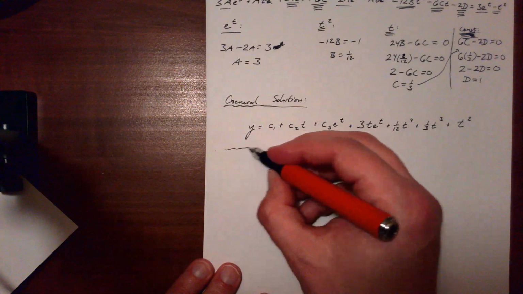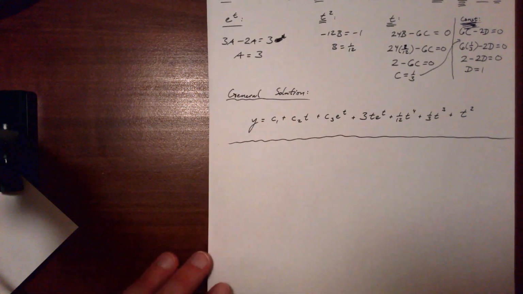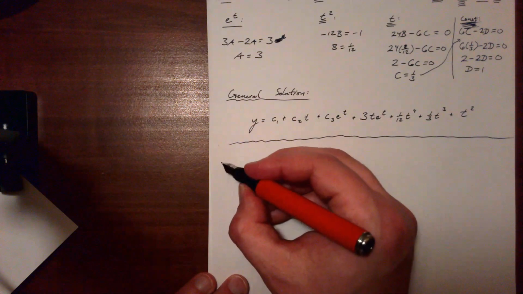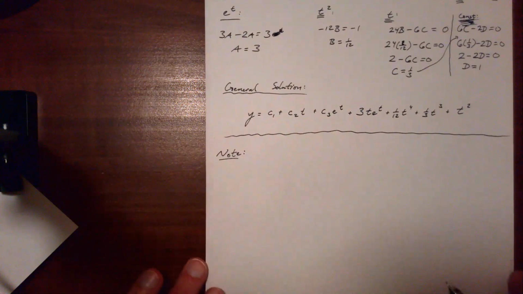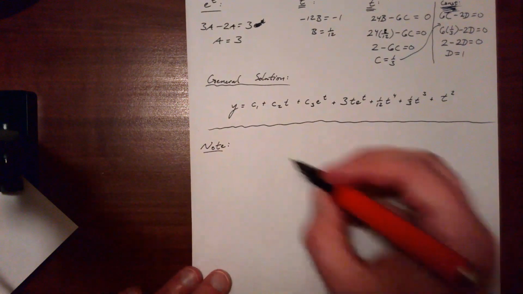Alright, so that's pretty much as bad as it can get as far as duplication and dealing with higher powers and things like that. But there's a note here. Again, I want to at least say this if we're not going to see an example of it.